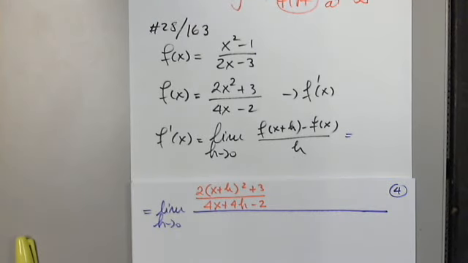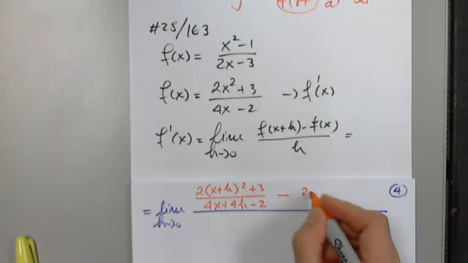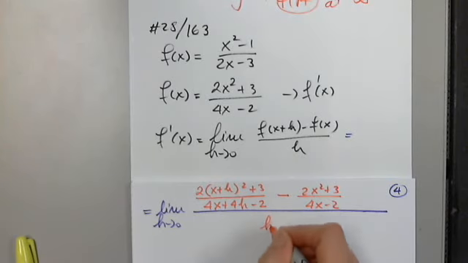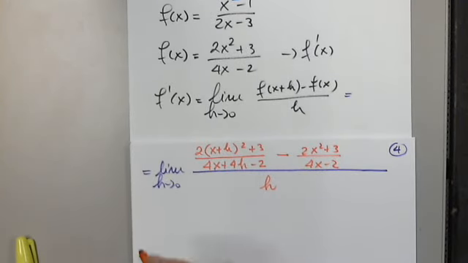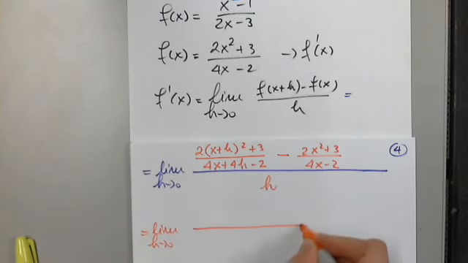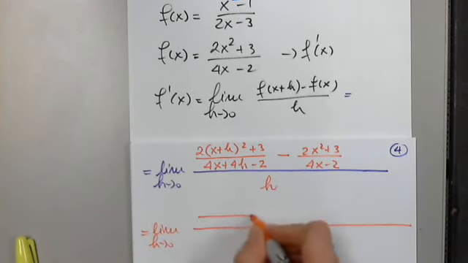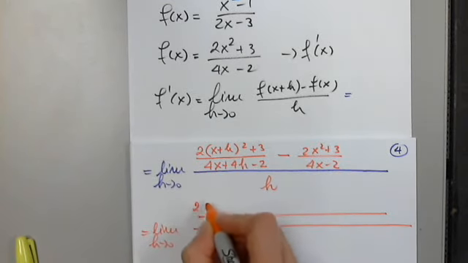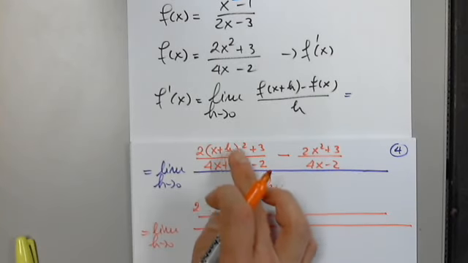Is this clear? Are you with me, everyone? Okay, then minus 2x squared plus 3 over 4x minus 2, everything over h. So then limit as h approaches 0. Oh, I cannot do that just yet. I want to square that first. So 2, and please tell me what is x plus h, everything squared.